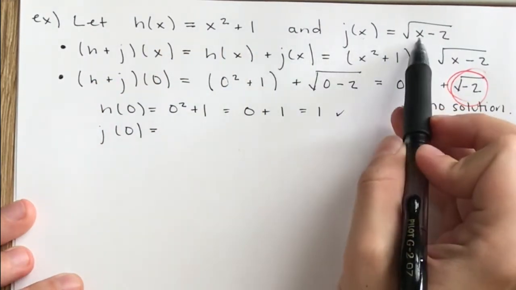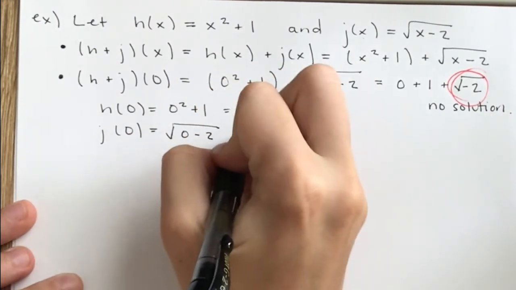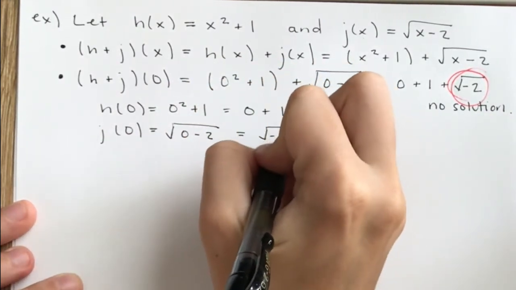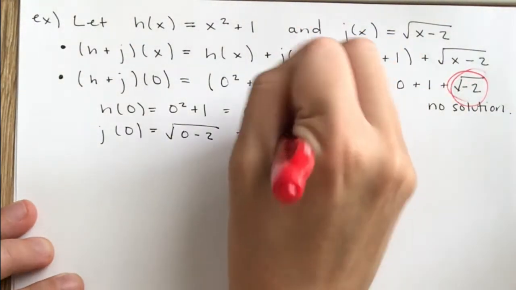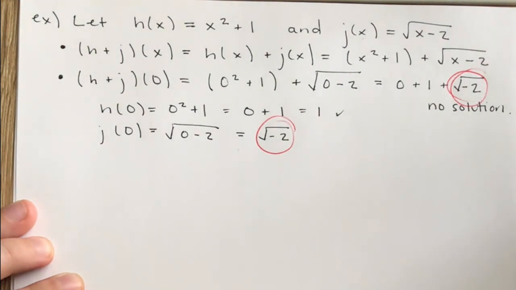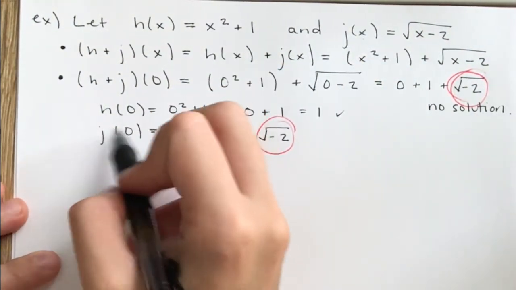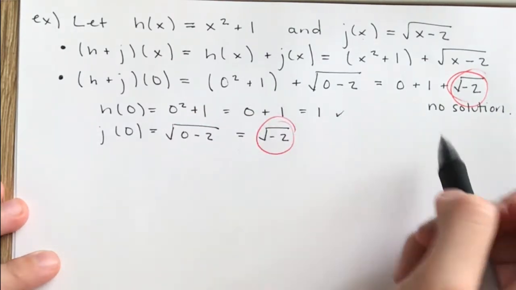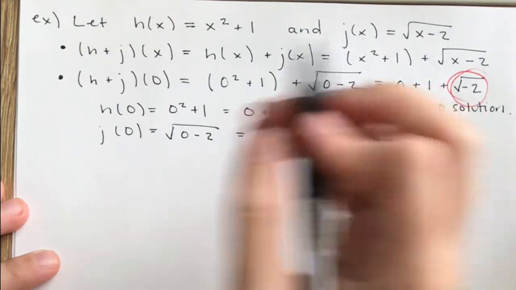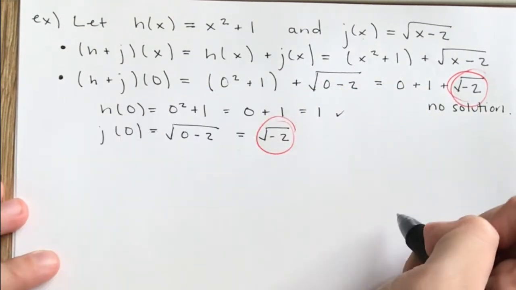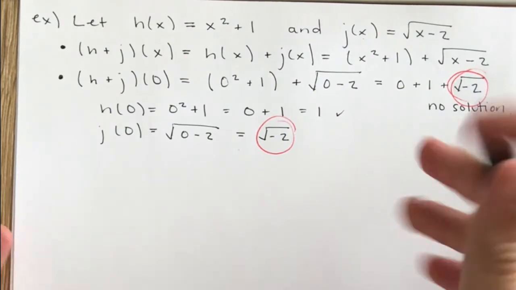J of 0 is just the square root of 0 minus 2, which gives me the square root of negative 2, which is, again, an issue. Right? So if there is no j of 0, then there's not going to be a j of 0 plus h of 0, right? Then there's not going to be an h of 0 plus j of 0. We can't add something to nothing, right?